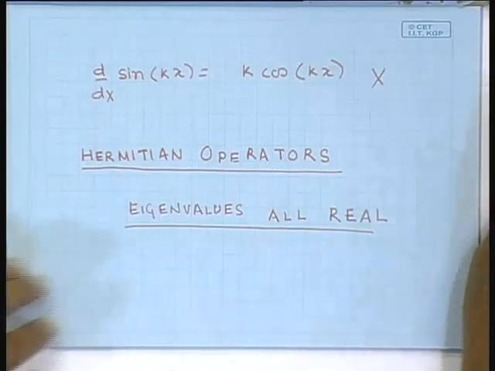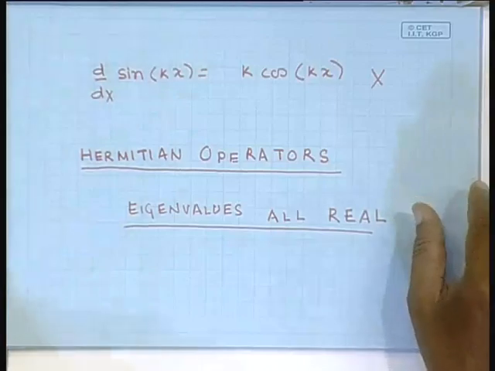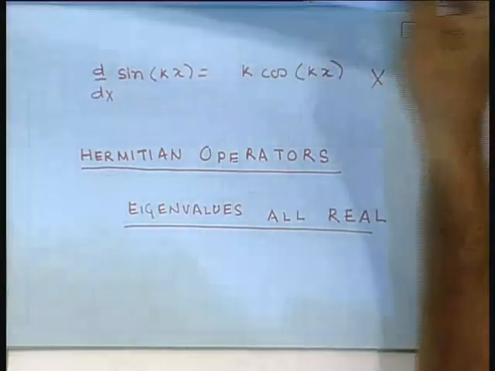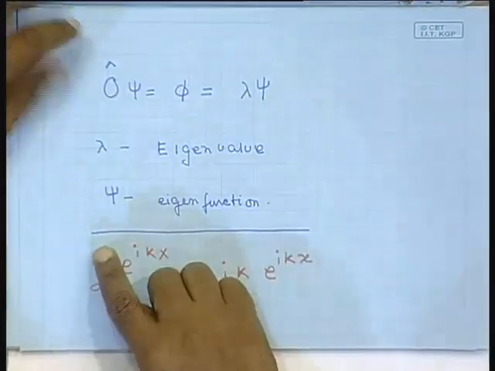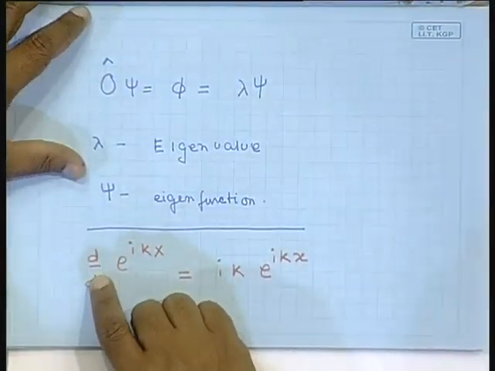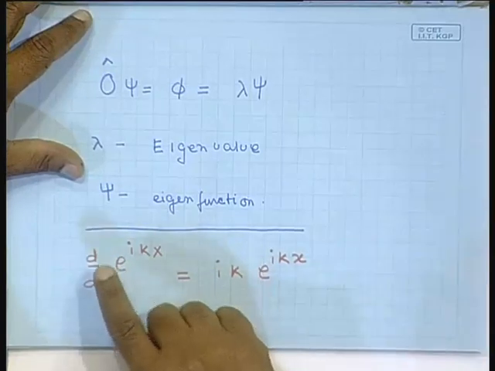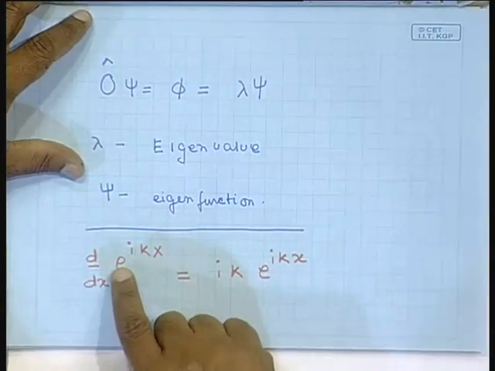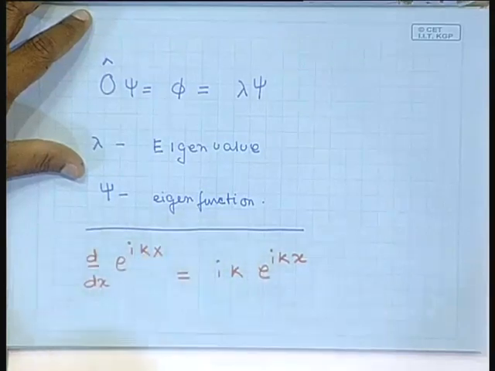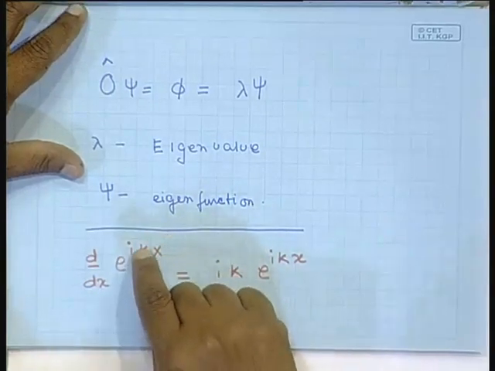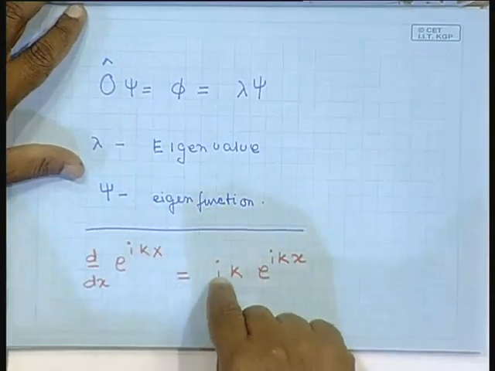For example, the operator d by dx, which I have introduced as an example, has many eigenvalues. The function e to the power i k x is an eigenfunction for any value of k. So, for each value of k, I will have a different eigenvalue i into k.